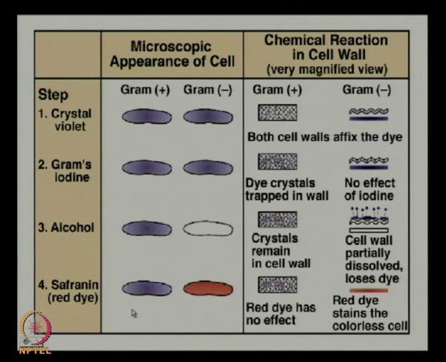Then when we counterstain the cells with safranin dye, the group which has already retained the crystal violet color cannot bind once again with the new counter dye, but the group of bacteria which do not have any such dye within the cell wall can bind with this red dye.